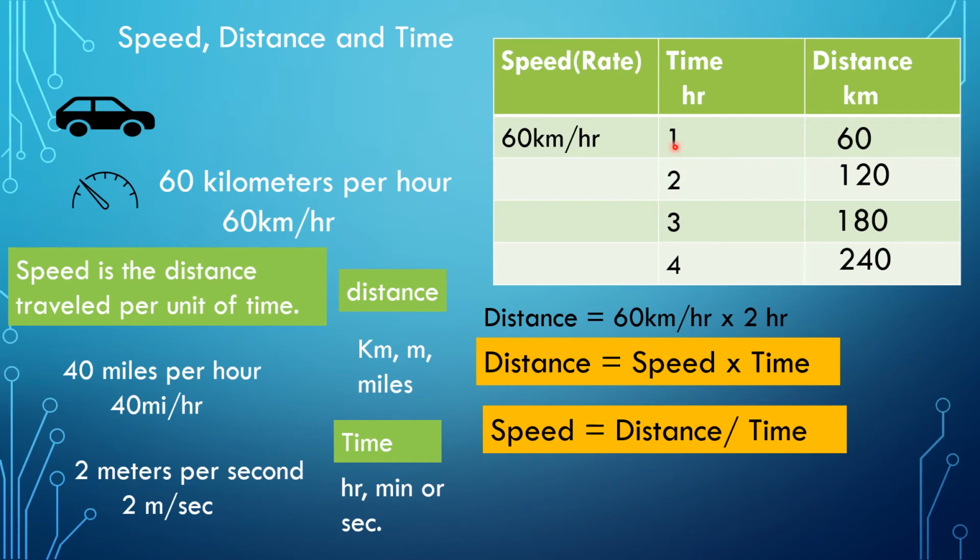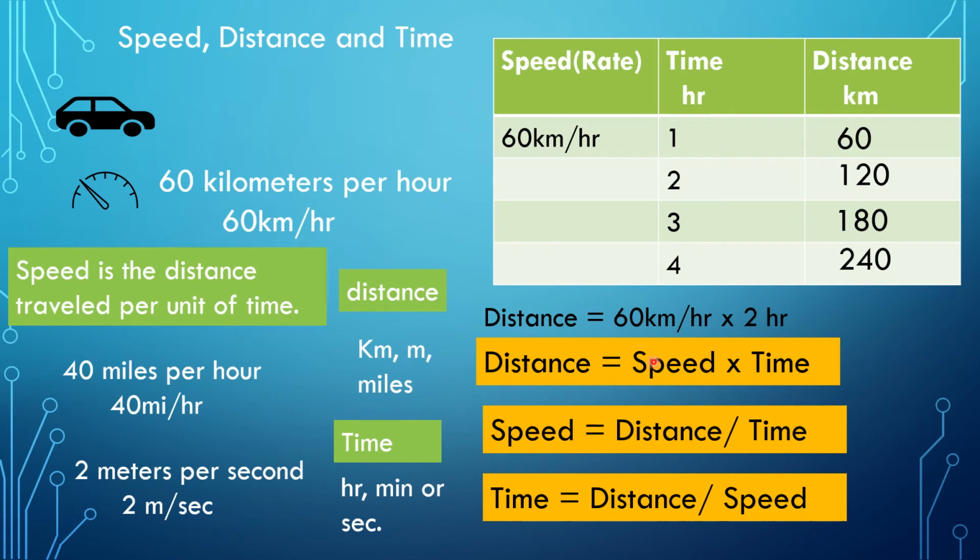The time means distance: 60 divided by 60 is 1 hour. 120 divided by 60 is 2 hours. 180 divided by 60 is 3 hours. 240 divided by 60 is 4 hours, which is the time. It means that to get the time is simply distance divided by speed. Okay, so now we have 3 formulas for the distance, the speed, and the time.